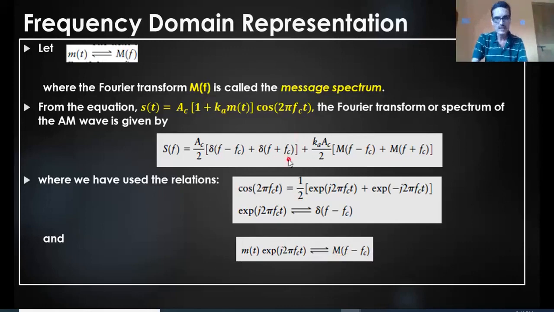So I again have two terms here, Ka Ac by 2, M of f minus fc plus M of f plus fc. The frequency spectrum of M of f is shifted by minus fc and plus fc. So this is how I can write it by applying the Fourier transform to the standard equation of AM.